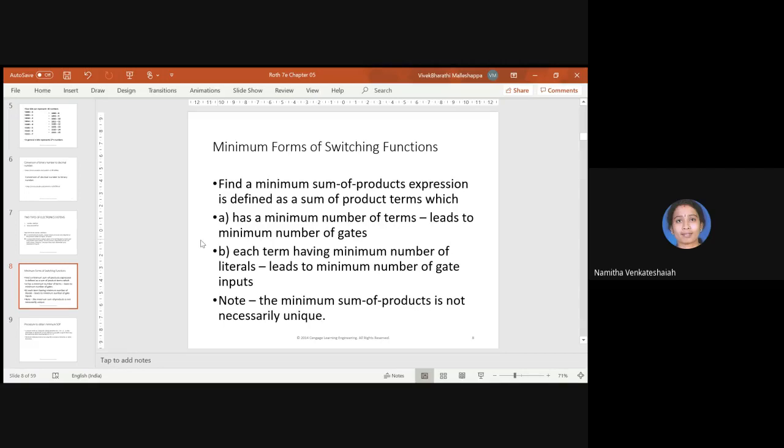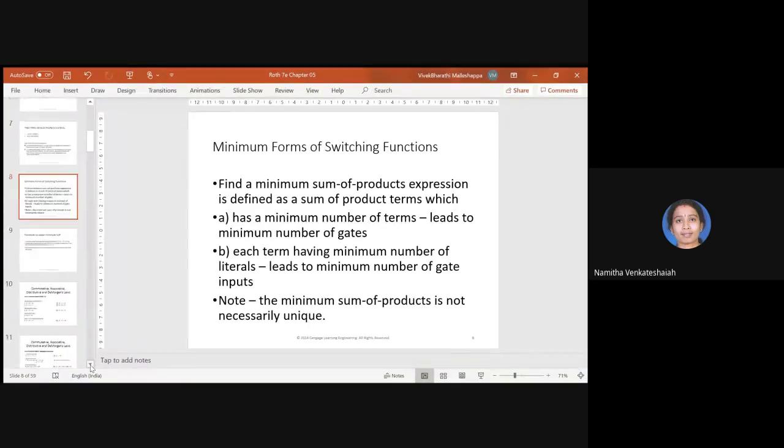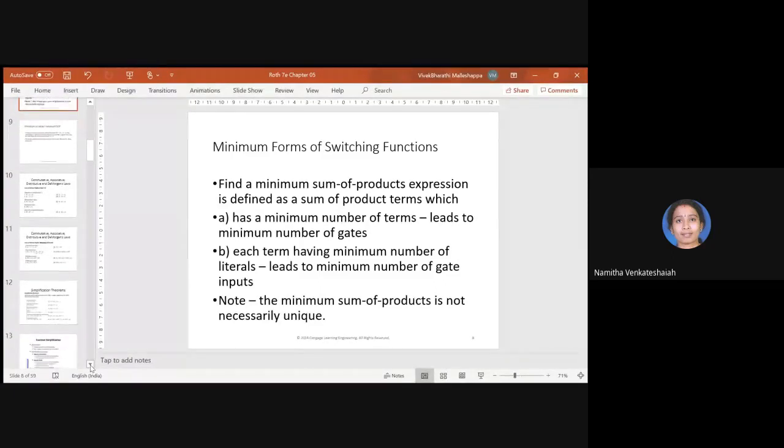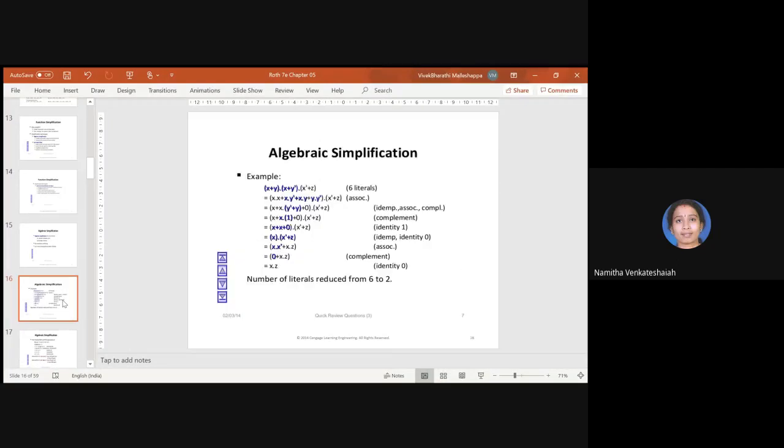So if I consider this particular equation, students, look here, x plus y is a term. It is a maxterm. X is a literal, y is a literal. Similarly, x plus y dash is a term.